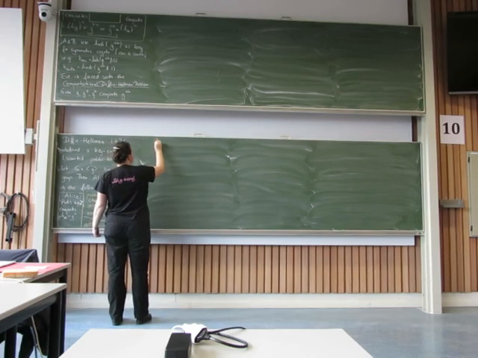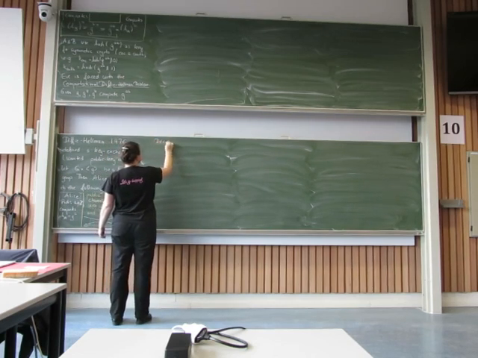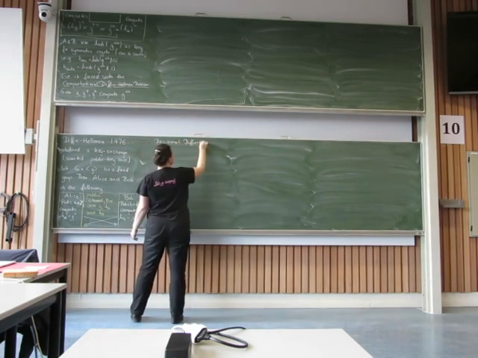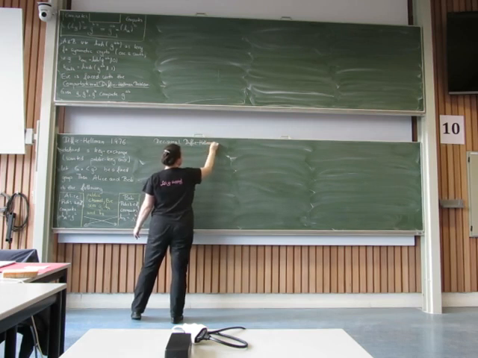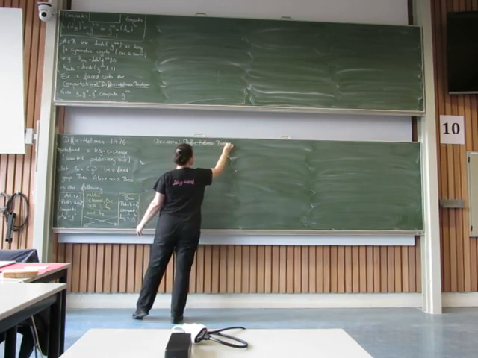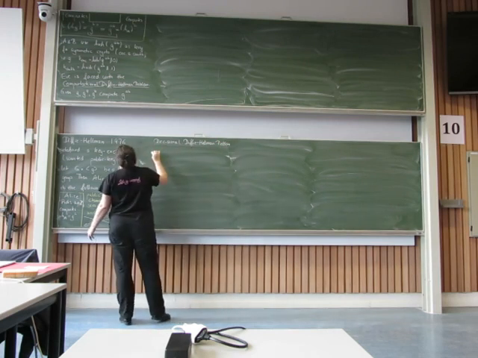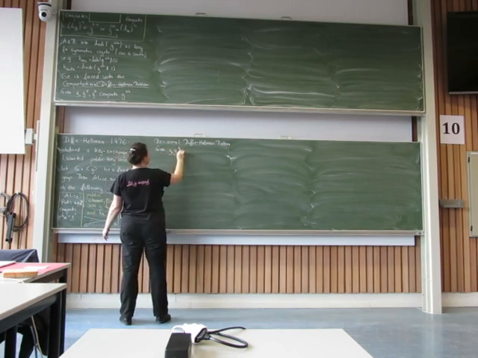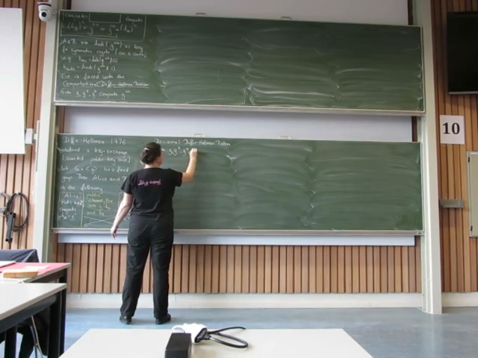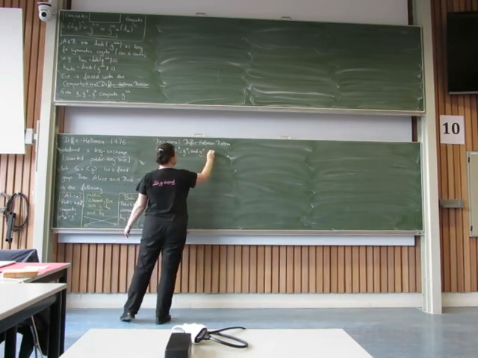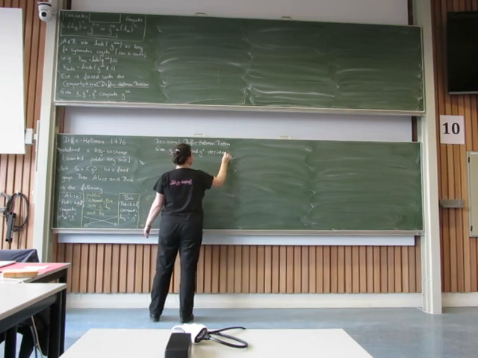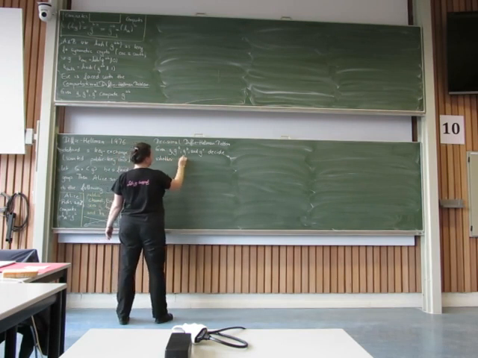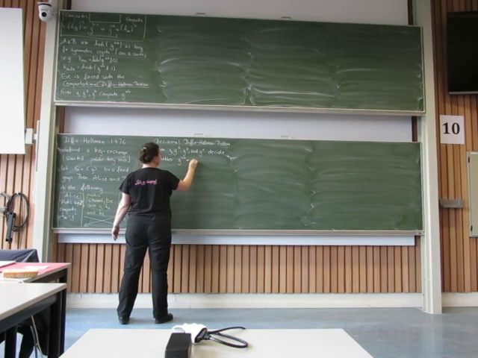So the decisional Diffie-Hellman problem: given g to the a, g to the b, and g to the c, decide whether g to the ab is equal to g to the c.